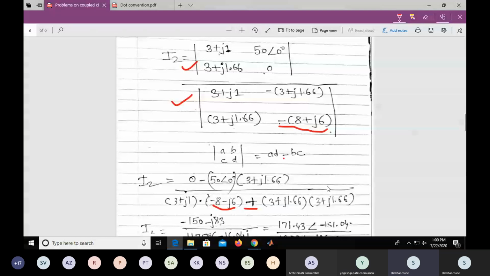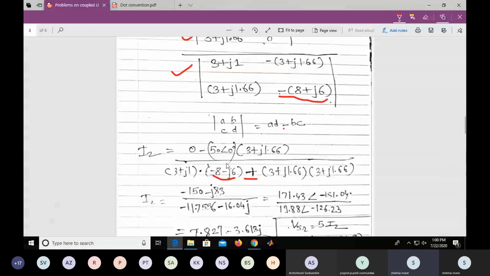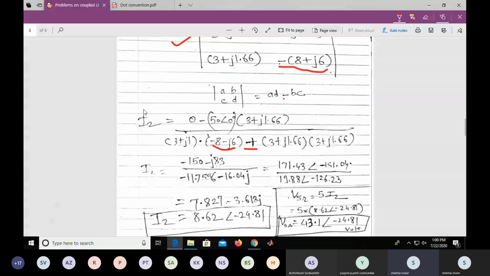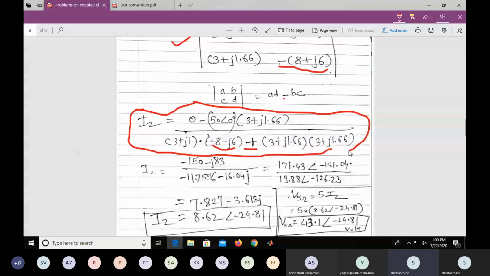Okay. Now whatever you have seen in this equation, you can directly write this equation as it is in the calculator.